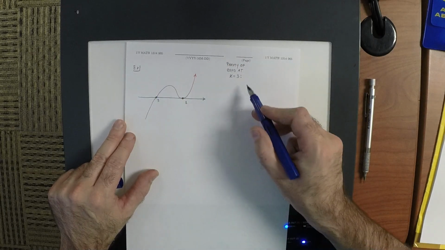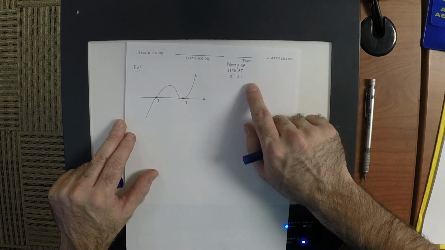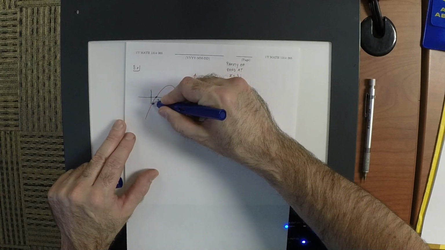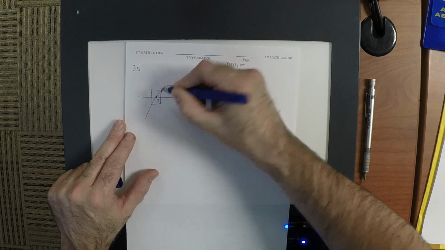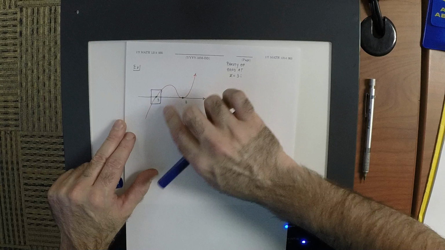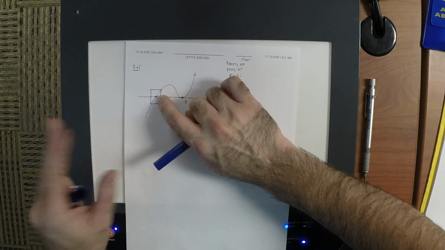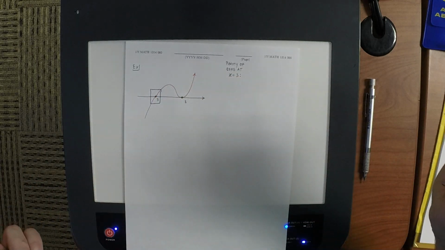So what I'm asking you to do from this prompt is put a little box. You don't literally have to put a box. You can just do it in your mind's eye. Put a little box around that 0, and then ask, when it comes to drawing this, at that 0, do you cross or do you bounce?